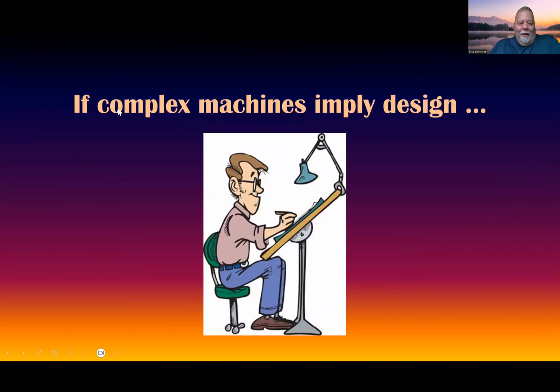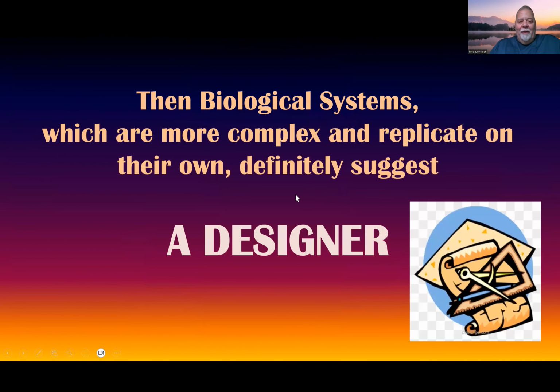Well, if complex machines imply design, like if you take our car systems and say, yeah, that looks like it was designed, it couldn't have happened by chance, then biological systems, which are even more complex, and not only more complex but replicate on their own, definitely suggest that there must be a designer behind them.